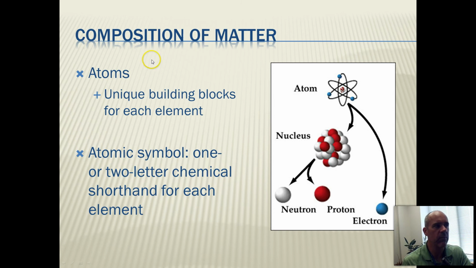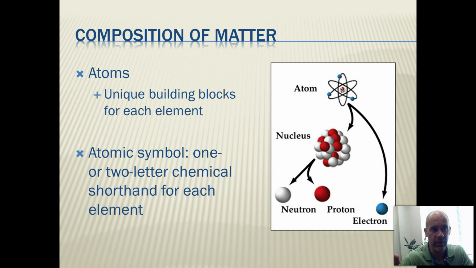All right, so we've got all these different elements that compose everything out in the universe, including living things like us. If you take an element, something like gold, and you were chipping away a chunk of gold, you would eventually get to the smallest particle of gold that's possible that would still be recognizable as gold.